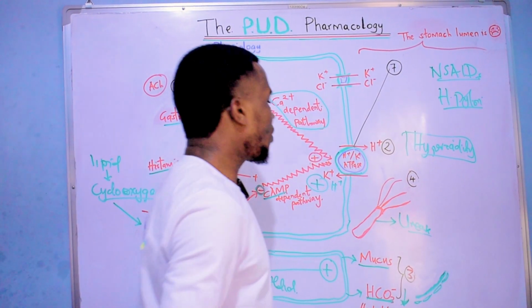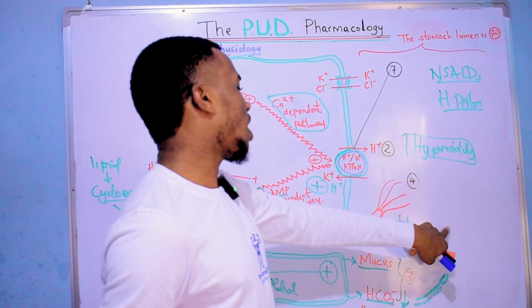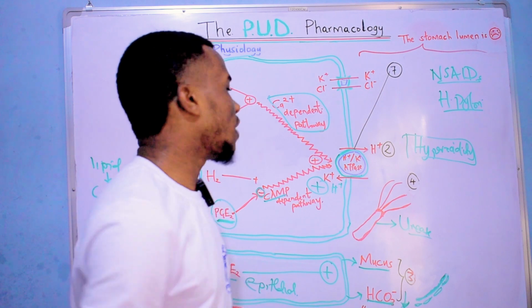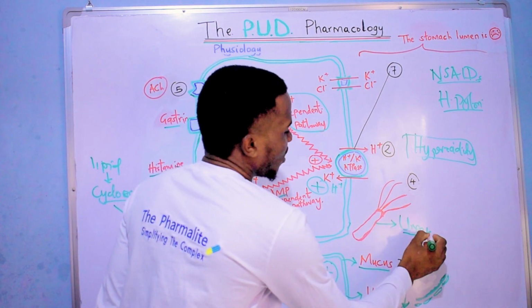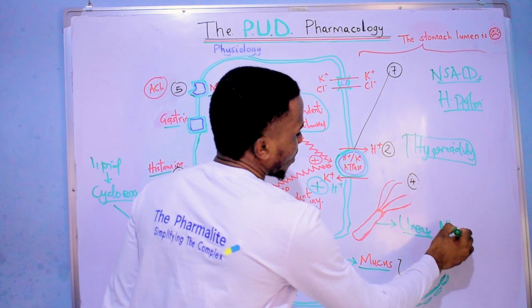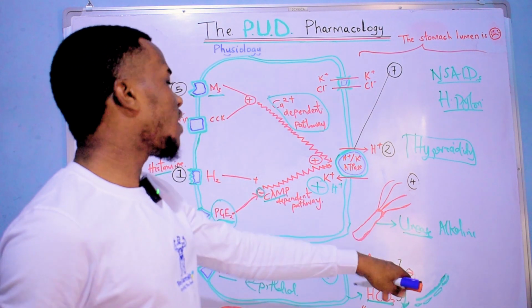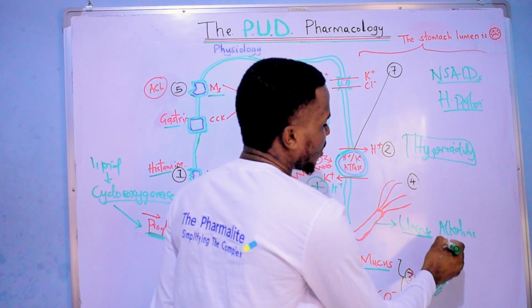Urease is able to convert urea to ammonia. The ammonia, which is alkaline in nature, enables these bacteria to survive in the acidic condition.